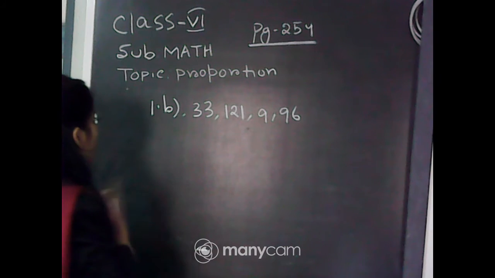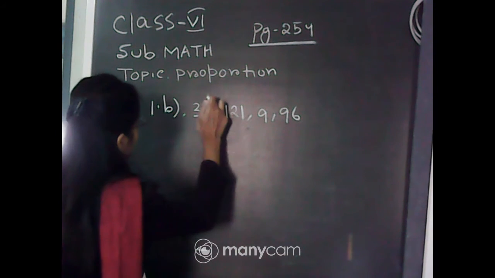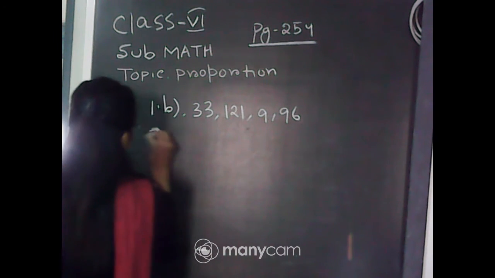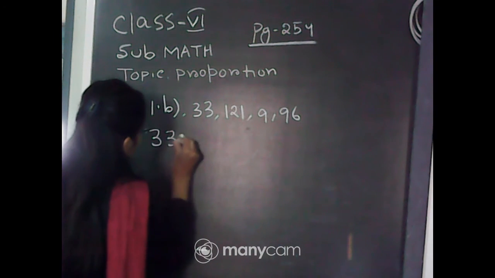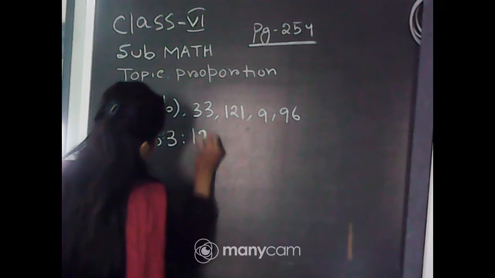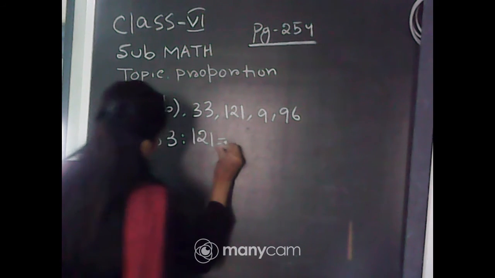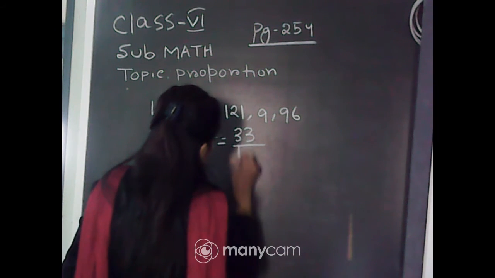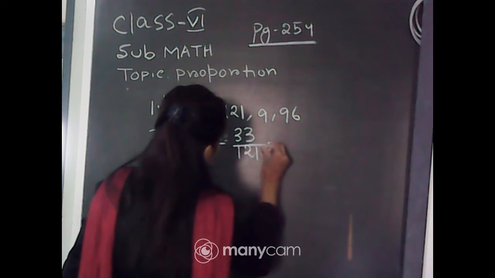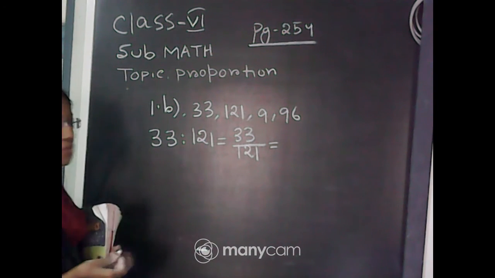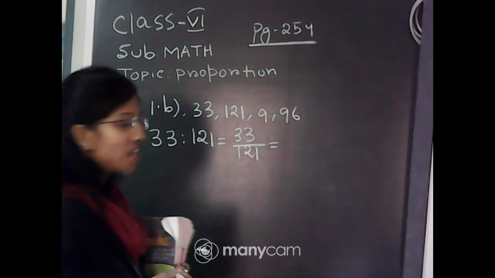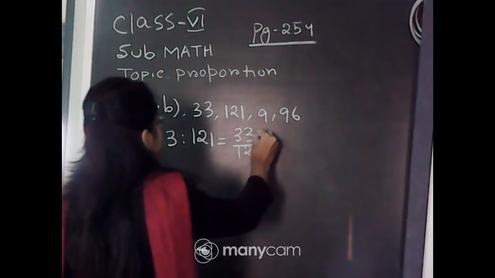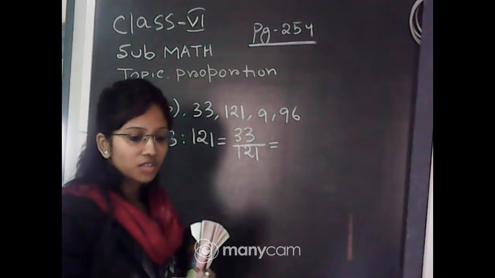First, we will find the ratio of 33 and 121. 33 is to 121 is equal to 33 divided by 121. Now tell me, what's the HCF of 33 and 121? Can anybody answer this?